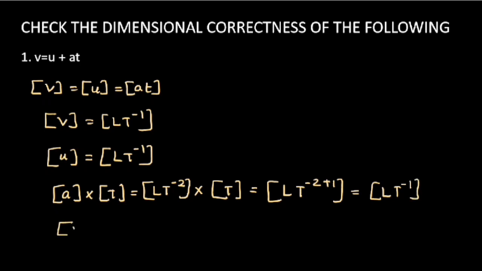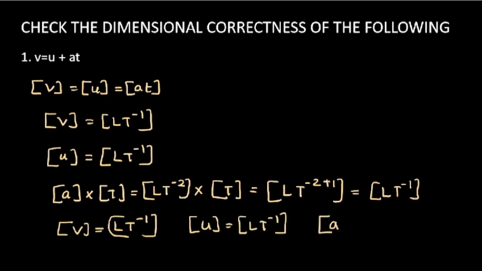So the dimension of V is L T raised to minus 1, the dimension of U is L T raised to minus 1, and the dimension of AT is L T raised to minus 1. So the dimension of V, U and AT are same.